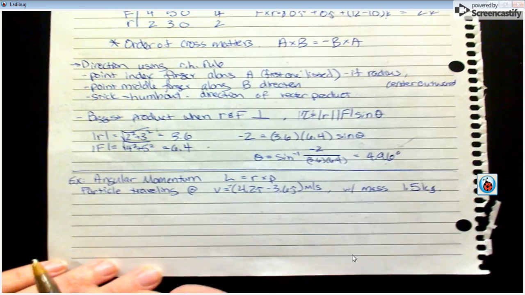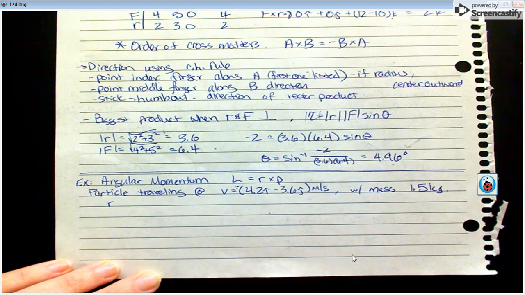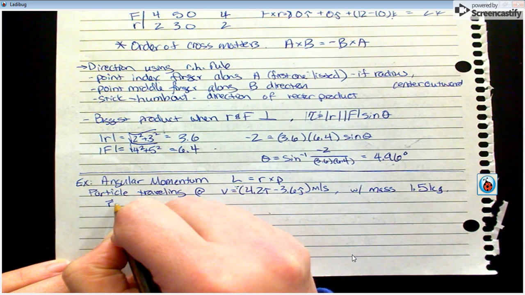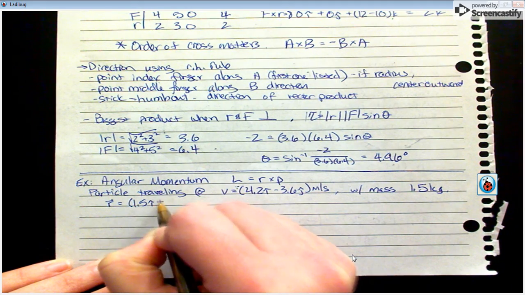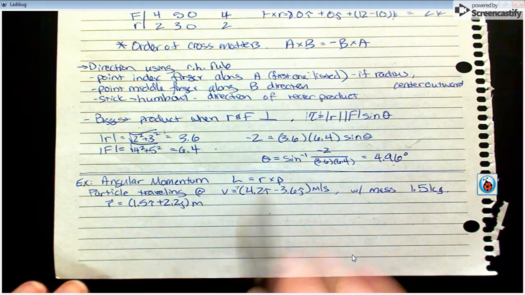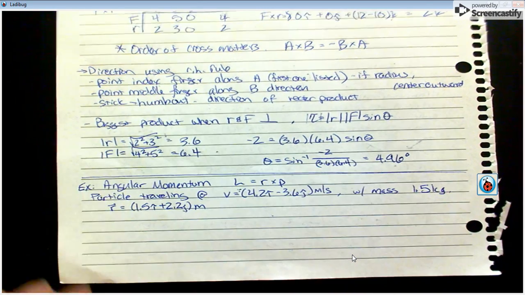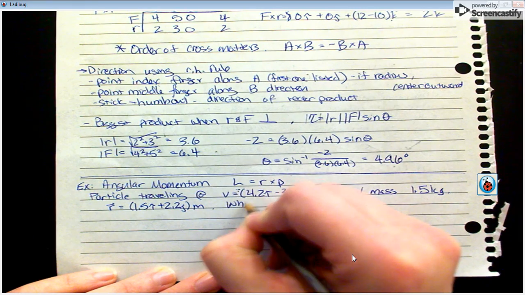And the radius, so it's going in a circle, and the radius of that circle is 1.5 i hat plus 2.2 j hat meters. So it is going in a circle, but I gave you linear speed here and the radius that it's going at. I want to know its angular momentum.